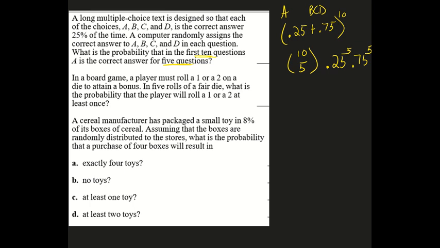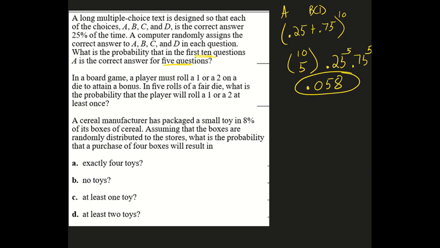So remember, in your calculator, the combination for doing 10C5 is under the math button in the probability menu, and then we're multiplying that by 0.25 to the 5th, and then multiplying that by 0.75 to the 5th, and that will give us 0.058. We're rounding to the nearest thousandth, so 5.8% of the time A is the correct answer for 5 questions.